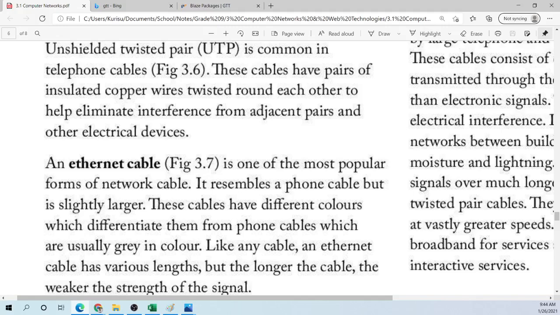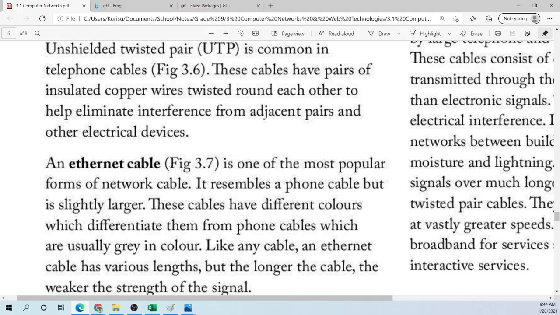Unshielded twisted pair (UTP) is common in telephone cables. These cables have pairs of insulated copper wires twisted round each other to help eliminate interference from adjacent pairs and other electrical devices. The Ethernet cable is one of the most popular forms of network cables.